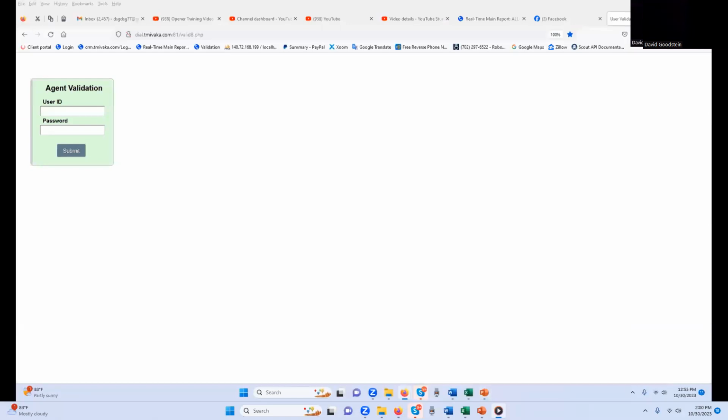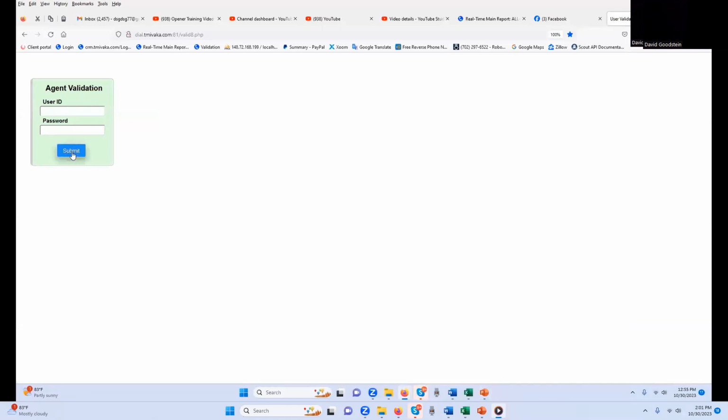Now, by this time, Steven, our IT manager, should have issued you all IDs and login credentials. Each and every day, the first thing that you're going to do is go to this agent validation page. And you're going to put in your assigned ID and your assigned password.